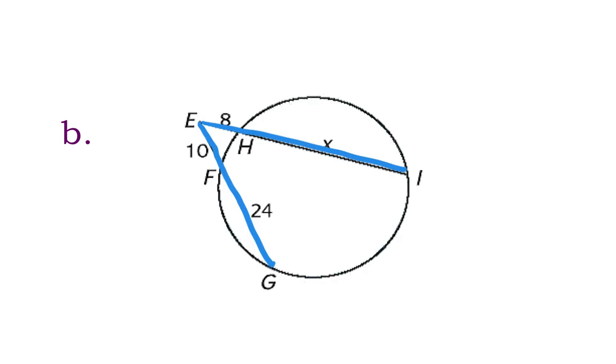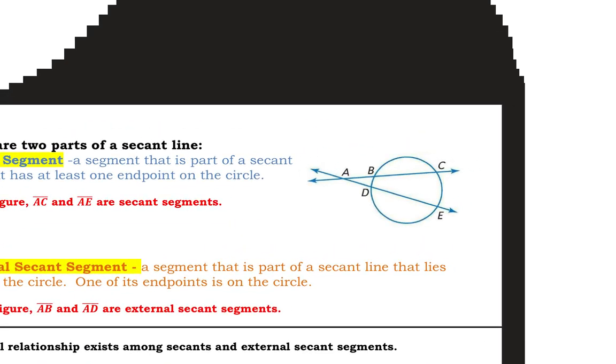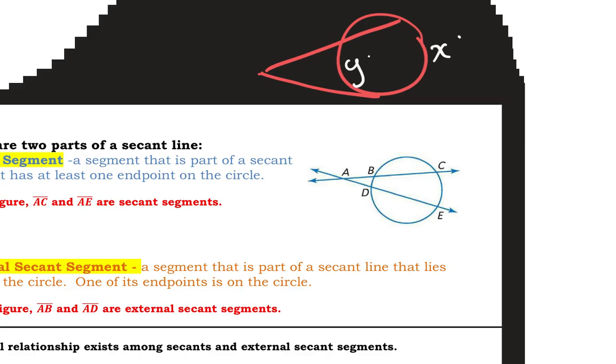On this side, this looks very similar to the one we looked at before, but they're two different things. The one we've looked at before has a secant and a tangent, or vice versa. That one had the big arc minus the small arc divided by 2 gave us angle A. Do you remember that one? Okay, same thing, same picture, different topic.